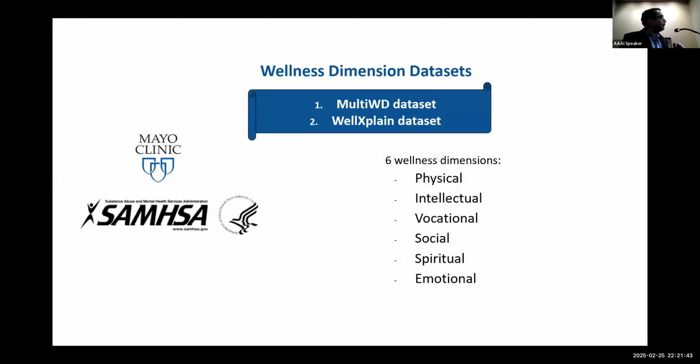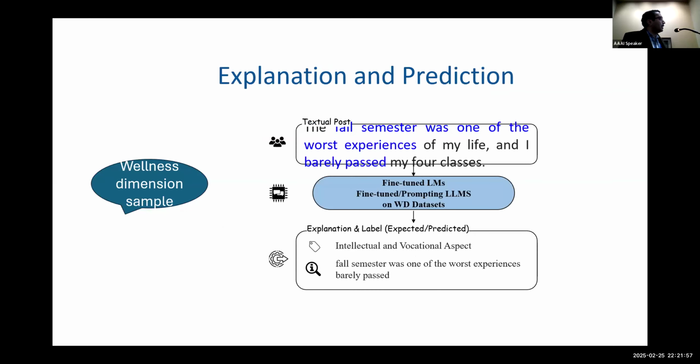So we have different wellness dimensions, like physical, intellectual, vocational, social, spiritual, and emotional. Consider this example. We have a textual post as the input. As you can see, those blue parts are the most important parts of the sentence that, given to an expert, they can provide you the label and also the explanation for that label.